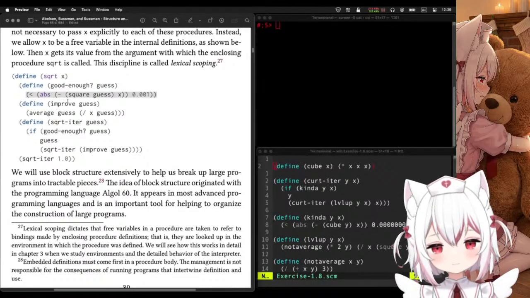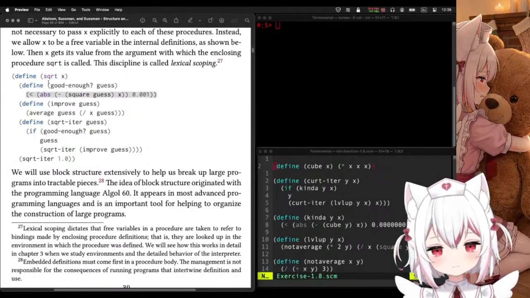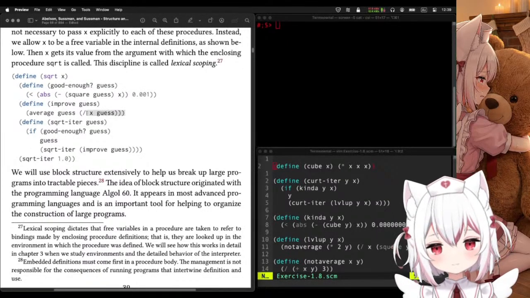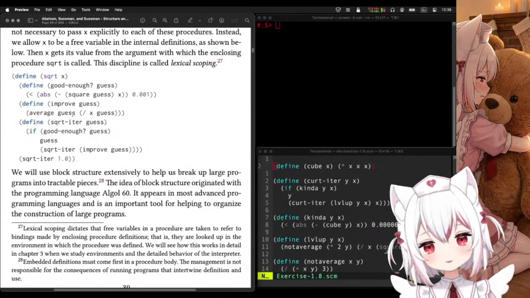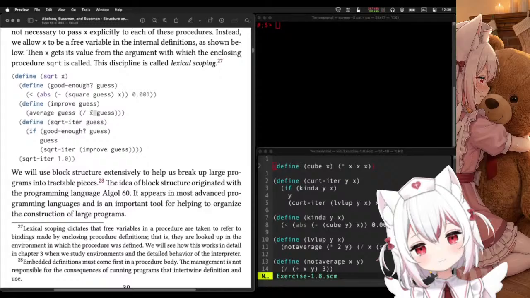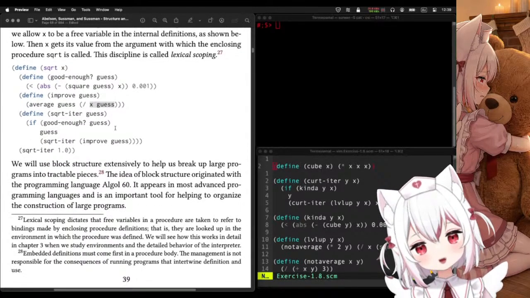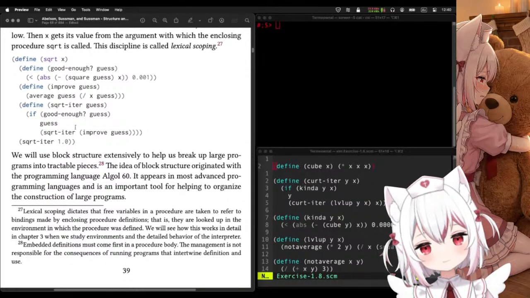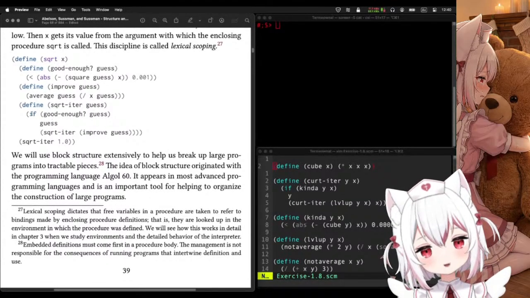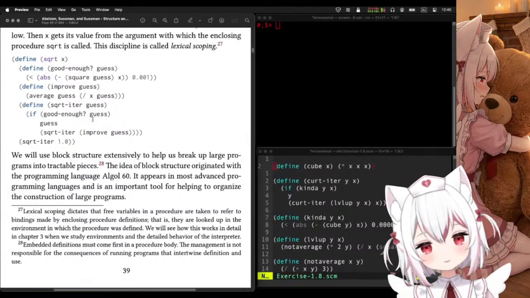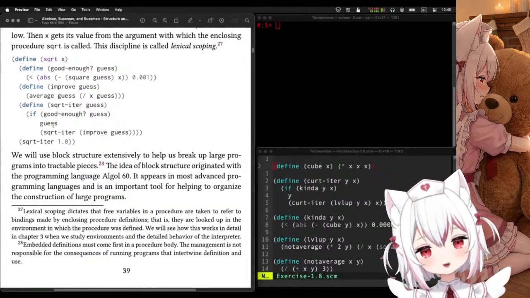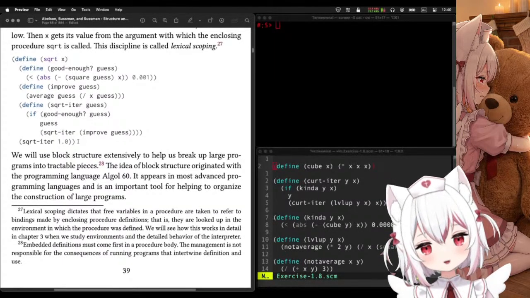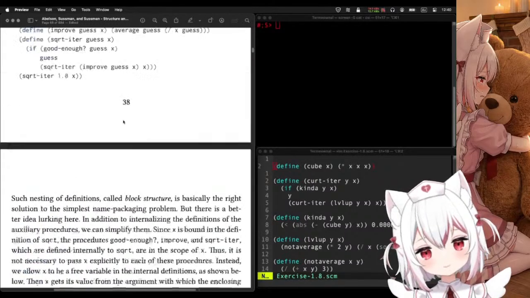Yeah, that's for good enough. And then improve, average guess, x and guess. If guess is good enough, then guess. If not, improve it. How was it written before?